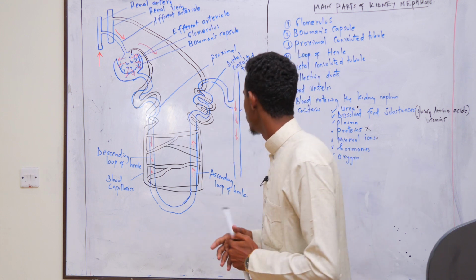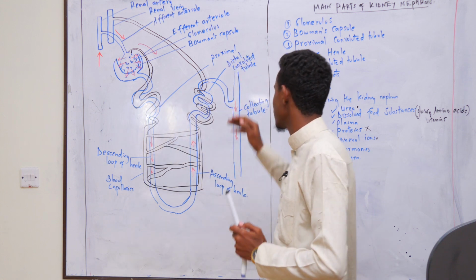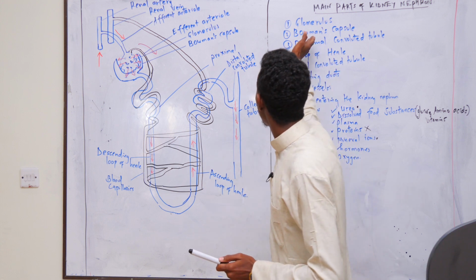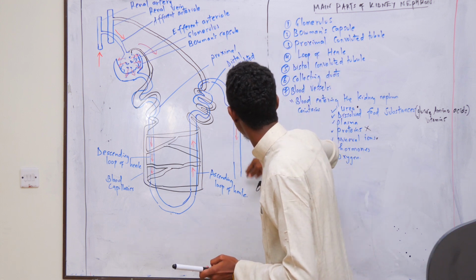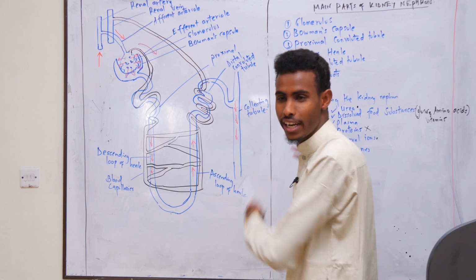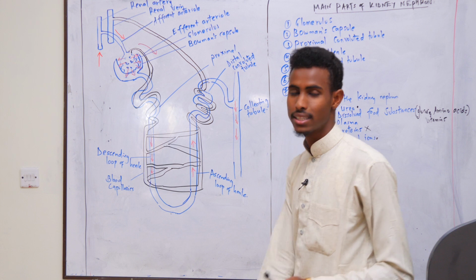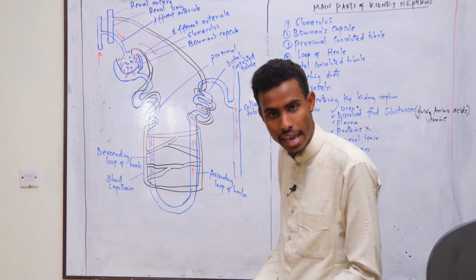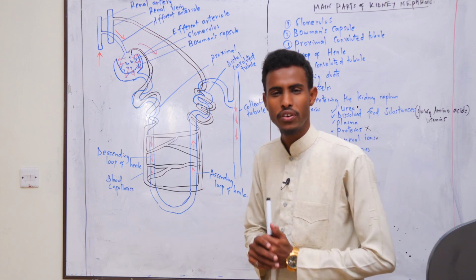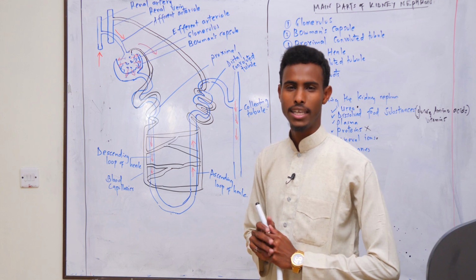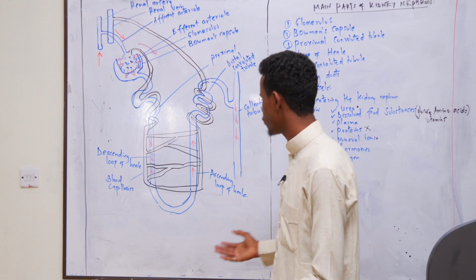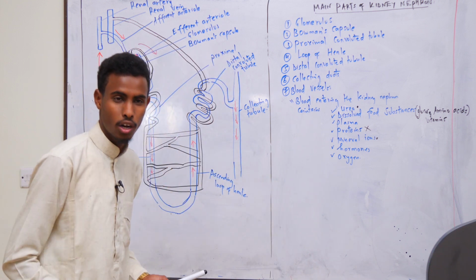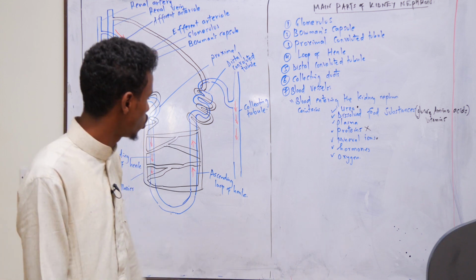It trickles down to the collecting tubule, where it joins other collecting tubules from the other nephrons, and that urine trickles down through the ureter, urinary bladder, and urethra, and with relaxation of the sphincter muscles, is finally released. And therefore, principally, class, that is basically about the kidney nephron and how urine formation and excretion take place.